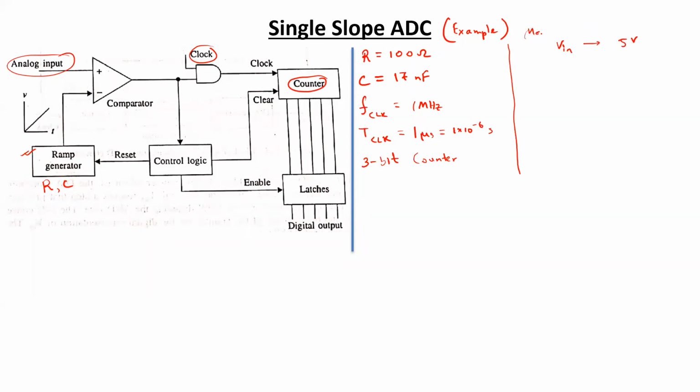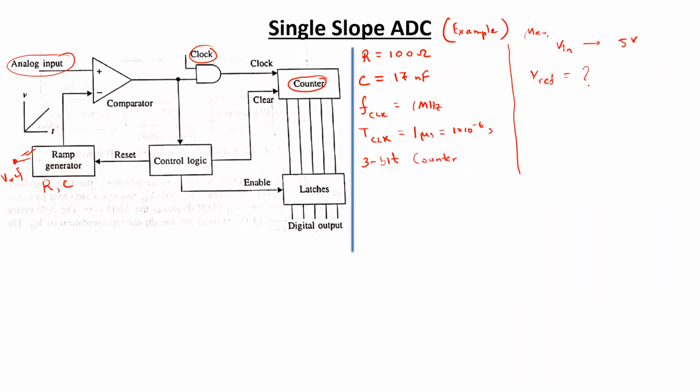So this is the maximum limit of the input voltage up to which we want to measure. In order to obtain that, what should be the value of the reference voltage to this ramp generator? What should be the value of the reference voltage that we need to determine in this particular problem?